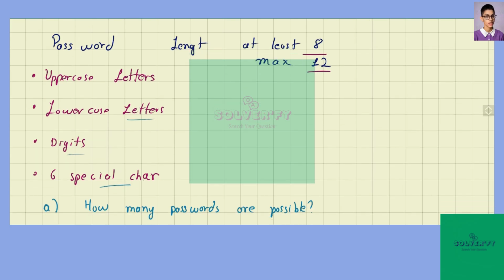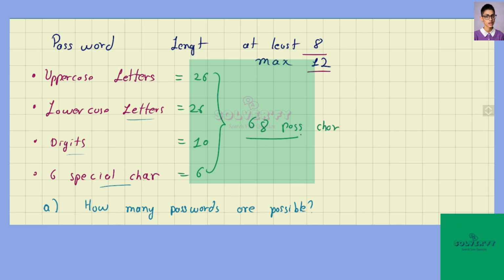The first thing that we need to calculate is how many possibilities for each element on the password we have. So we have 26 uppercase letters, 26 lowercase letters, 10 possible digits, and the 6 special characters. So this gives us a result of 68 possible characters for our password.